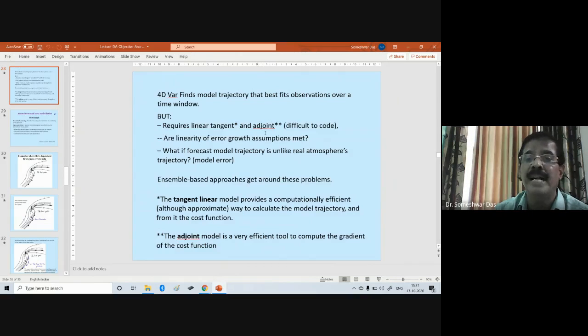Similarly, the adjoint model is a very efficient tool to compute the gradient of the cost function. I mean, they are computationally involved. These are part of the 4D VAR system, which are difficult to calculate easily, so people use ensemble-based approaches. Of course, that is also quite complex, but we shall discuss that tomorrow.